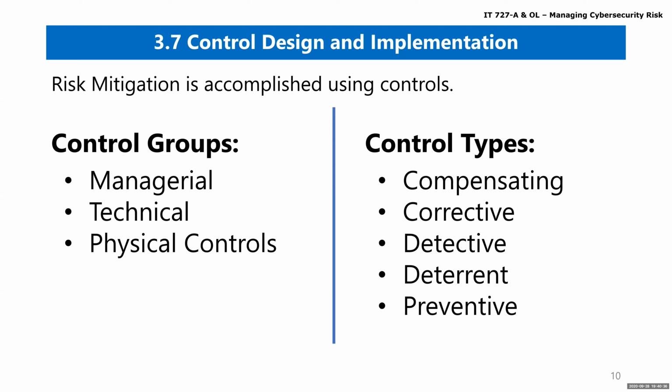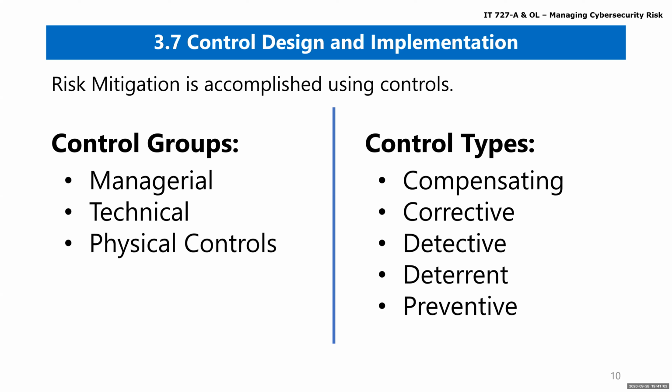All of those things that are technical related. Physical controls could involve having a fence. It could involve locks. It could involve things like having a screen filter, for example, right? Those are all examples of physical control. If there's anyone who doesn't understand the difference between managerial, technical, and physical controls, please let me know. If you do, it's fine.